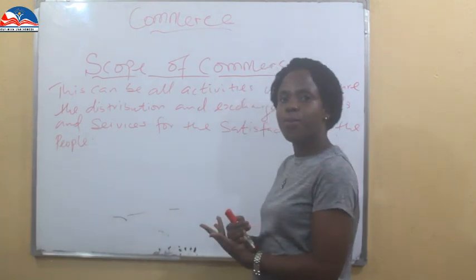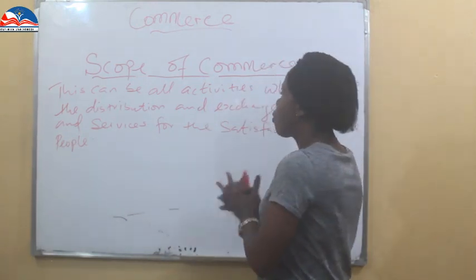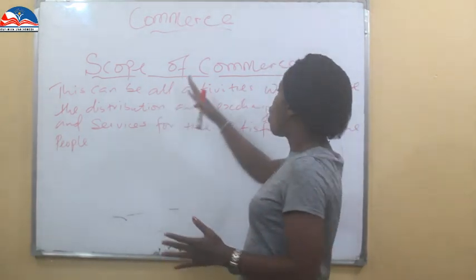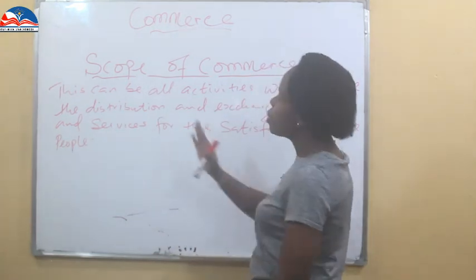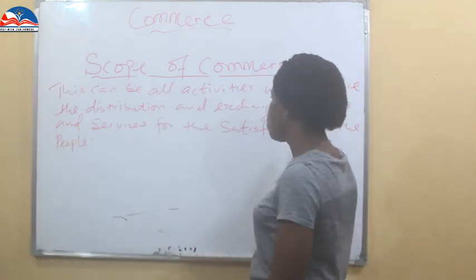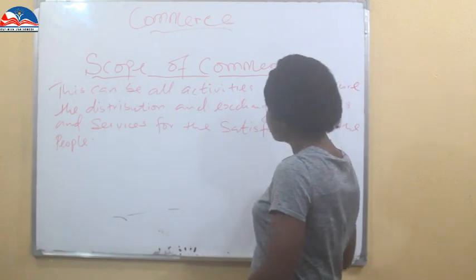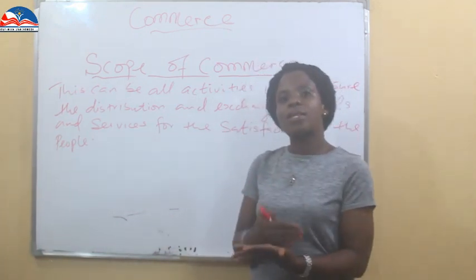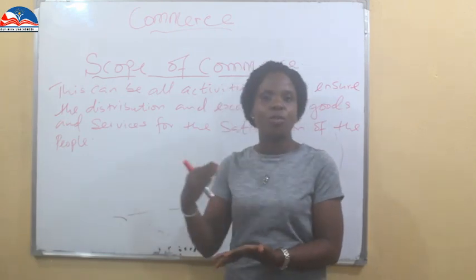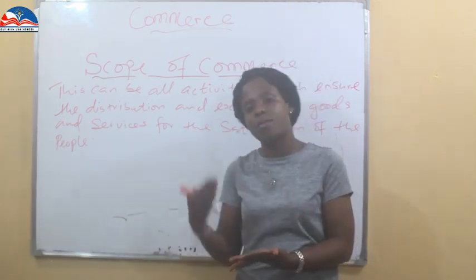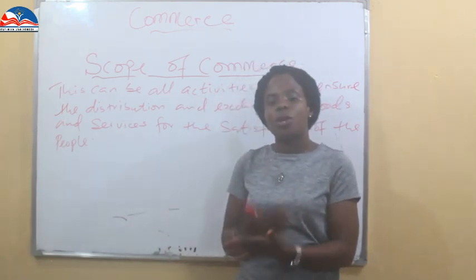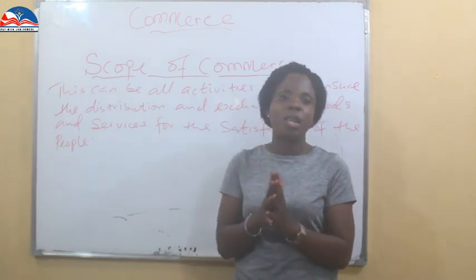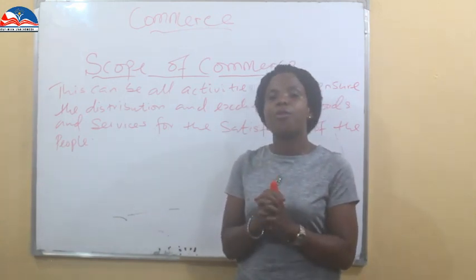So the scope of commerce includes all activities which ensure the distribution and exchange of goods and services for the satisfaction of the people. The major aim of commerce is to get to the final consumers, to give them satisfaction. Satisfaction is a major thing that commerce involves.